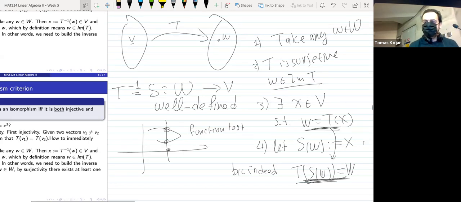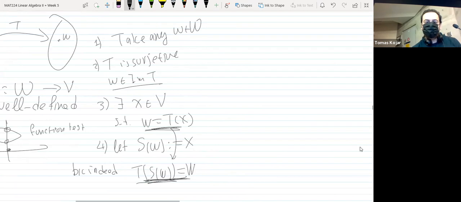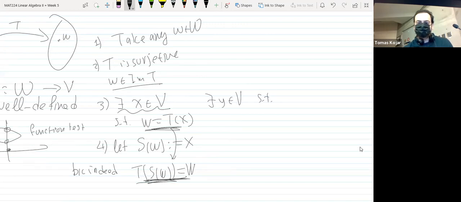And then you might ask, how do you know this X is unique? Well, suppose there was another one. Suppose there exists Y in V such that W is T of Y. Then let's do what Renshu mentioned.